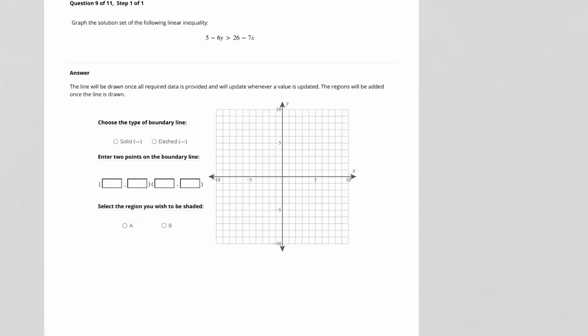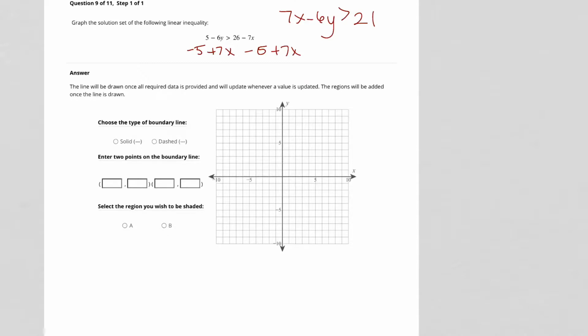The next one is 5 minus 6y greater than 26 minus 7x. Once again, I'm going to clean it up, so I'm going to subtract 5 and add 7x to both sides. That's going to leave me with 7x minus 6y greater than 26 minus 5, which is 21.